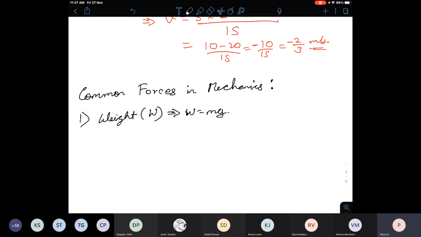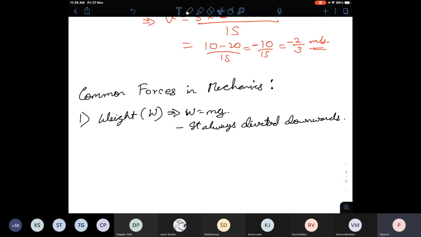Another point you can add is that it is always directed downwards, towards the earth, because we always consider the earth to be at the bottom. It is never in the up direction. So that's it, weight is only this much.